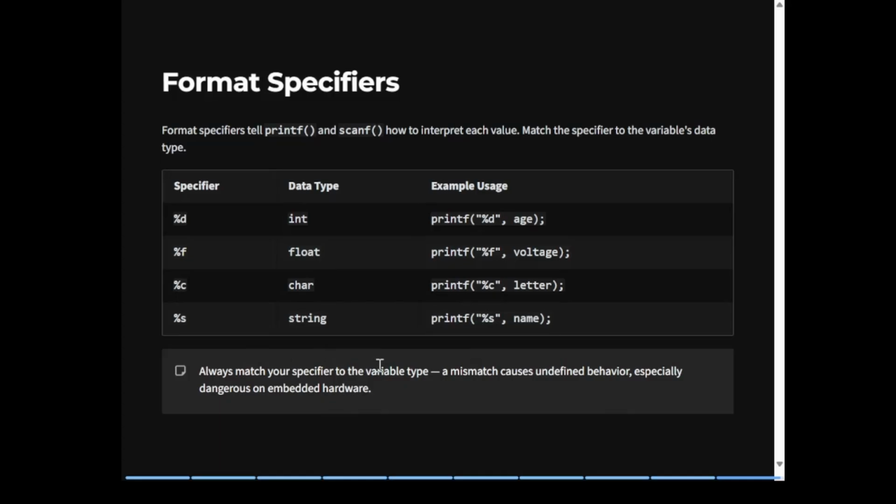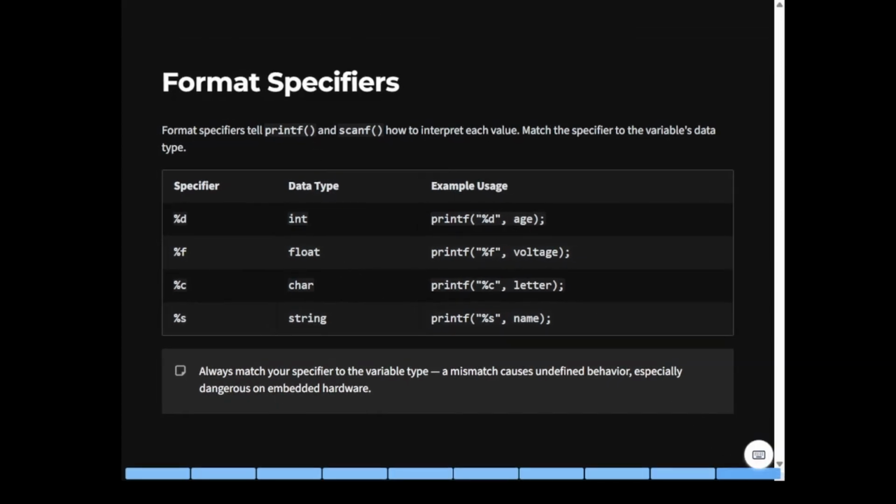There is another, %u, which is for unsigned integer values. Okay, so these are the format specifiers.